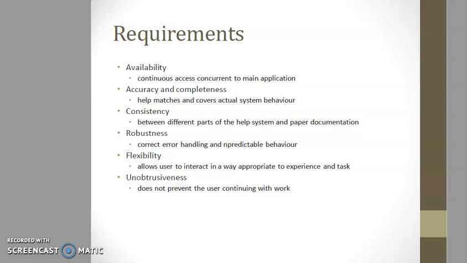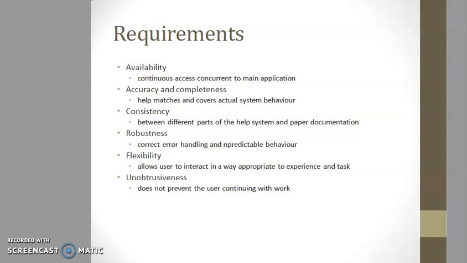Next requirement, accuracy and completeness. It may be obvious to state that the assistance provided should be accurate and complete. But in an age where applications are frequently updated and different versions may be active at the same time, it is not a trivial problem.